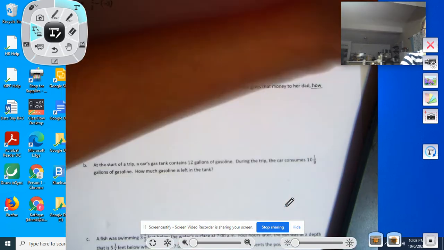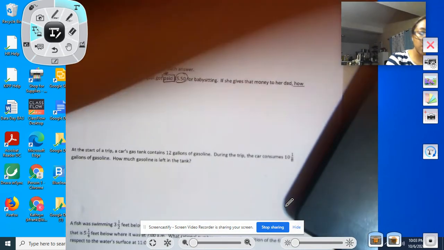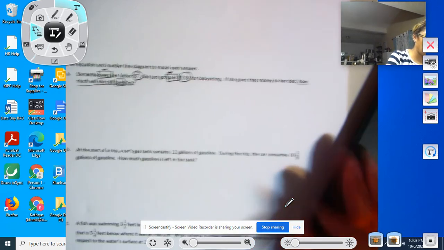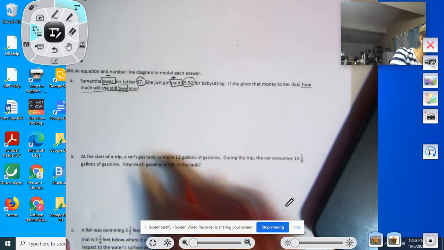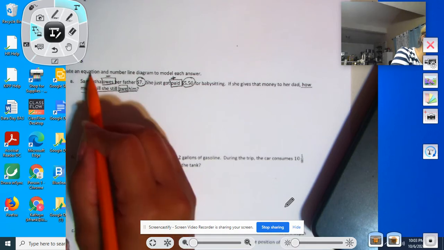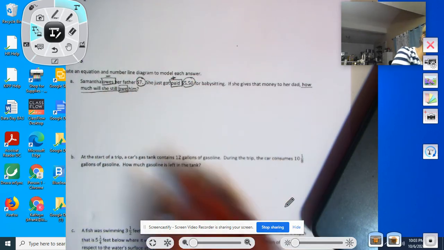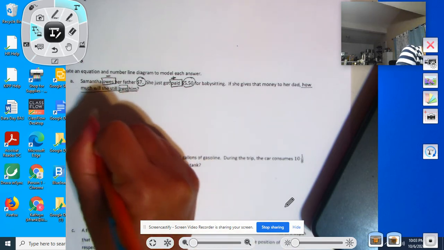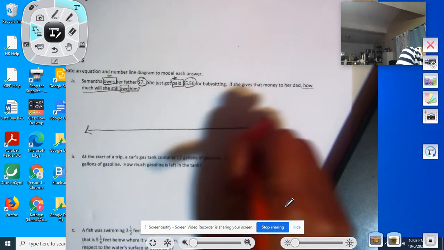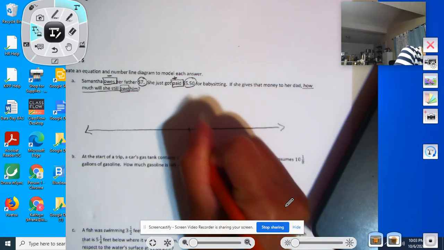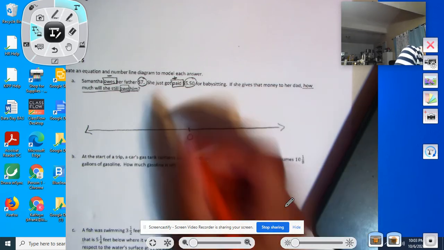Let's see. Okay, so what we're going to do is go ahead and draw a number line to help us, because that was part of the instructions: create an equation and number line diagram to model each answer. So I'm just going to freehand a number line here. And it's not going to be perfect, and that's okay. I'm going to place my 0 right here in the middle.